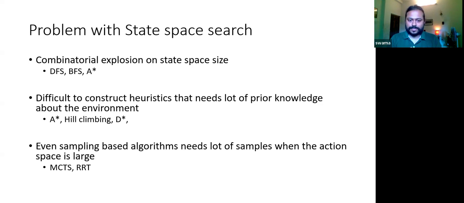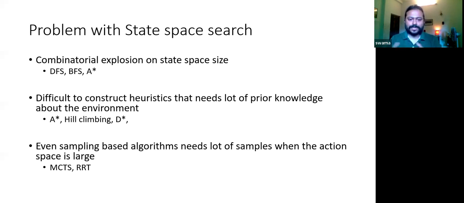If you consider A star search, for every state it needs the cost of traveling from the current state to the goal state. In order to calculate that estimate, a lot of knowledge about the environment is needed. We need to have a number denoting the cost between every pair of states within the environment. Otherwise, we will not be able to calculate accurately the cost of traveling from the current state to the goal state.